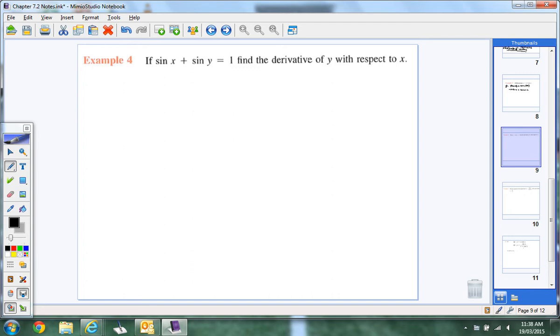So I have a sine x plus a sine y, so what pops into your head? Implicit differentiation, yes. Okay, it's not that bad. Look, it's only this much on my notes. That's it. Oh, you guys are all about shortcuts.